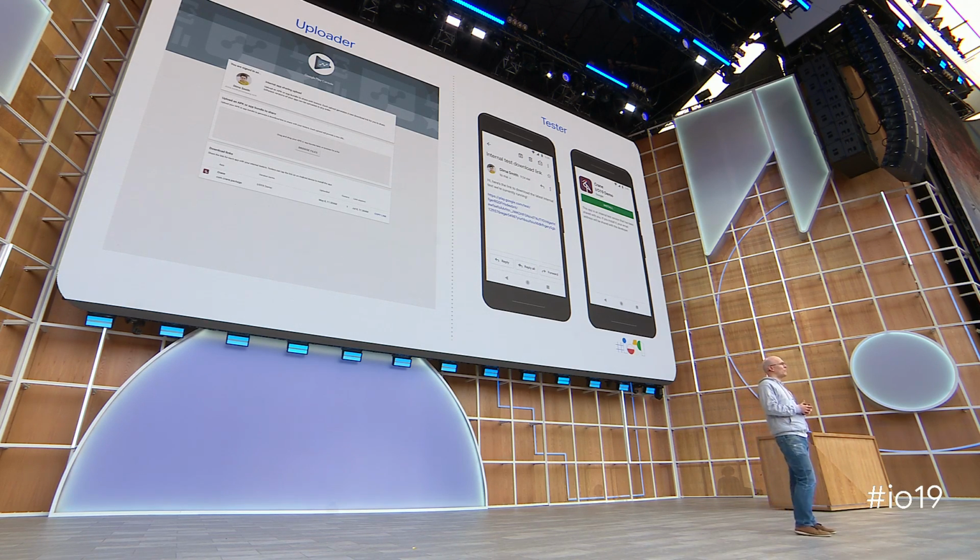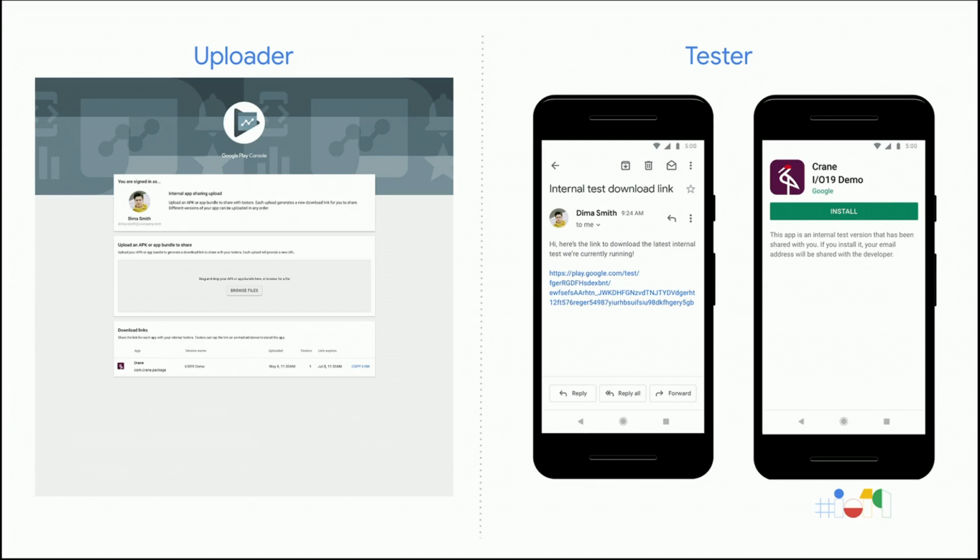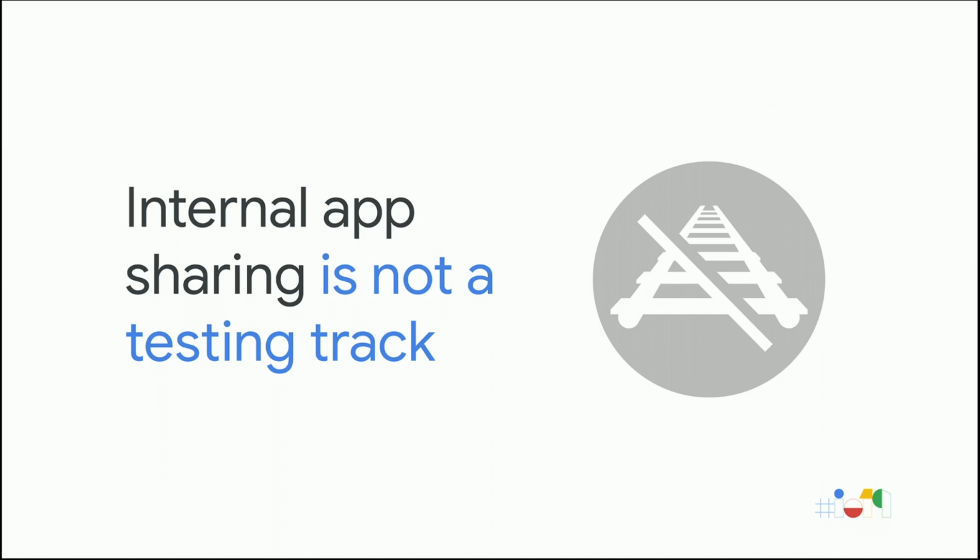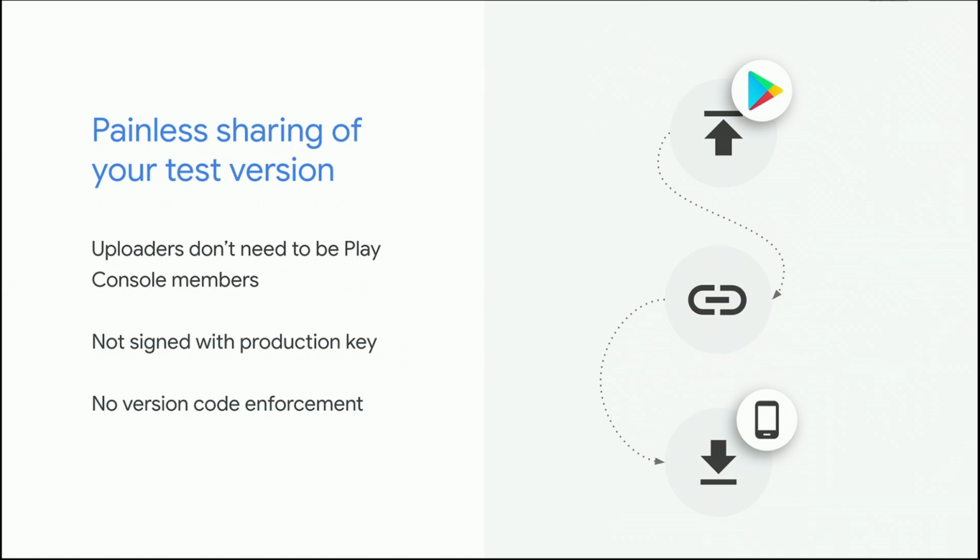So let's touch on a few important features. First, for each test version, uploaders don't need to be Play console members. So you can authorize users that don't have access to the Play Store.